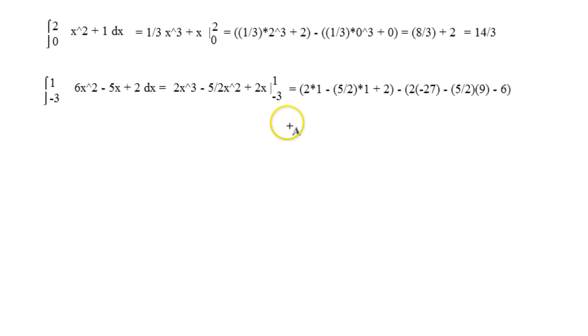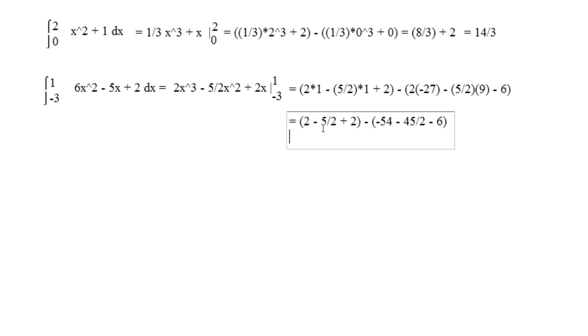Okay, so this part's going to be kind of neat. So this will actually turn into 2 minus 5 halves plus 2, and then we minus a -54 minus 45 halves minus 6.